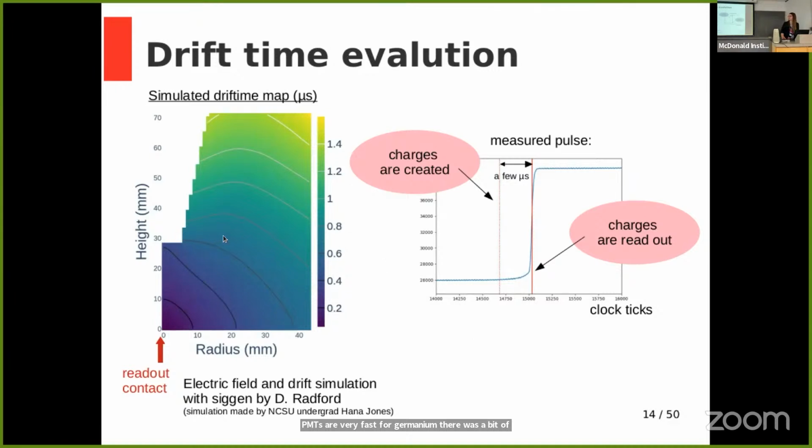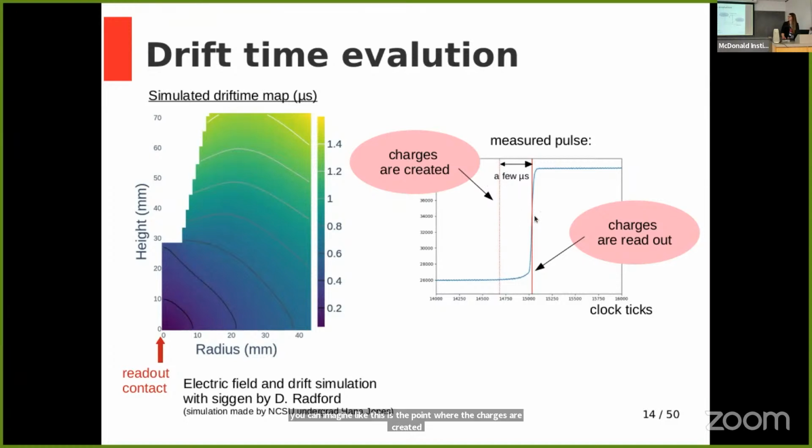Here you can see half of the diode and the electric field, and it's getting higher and higher towards the readout here. But if you have the interaction up here, it will take a while for the charges to drift here. So one important task for our analysis was to figure out how long the signal takes. How this looks in the data is the waveform here, and you can imagine this is the point where the charges are created, and then it takes a while for them to drift.